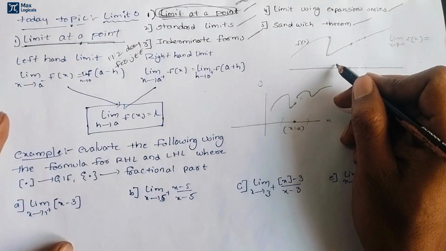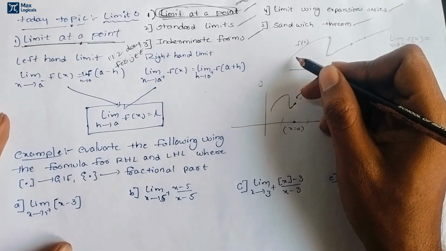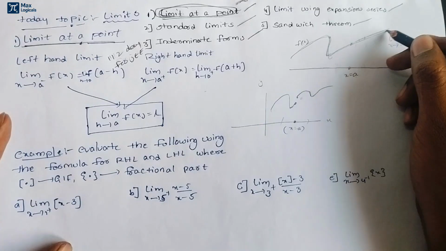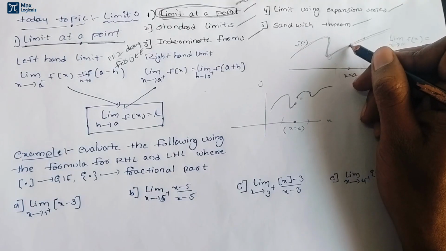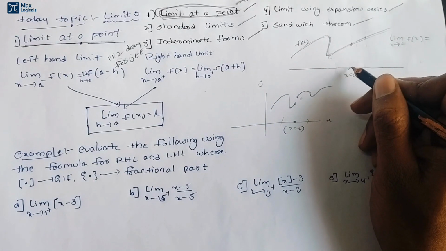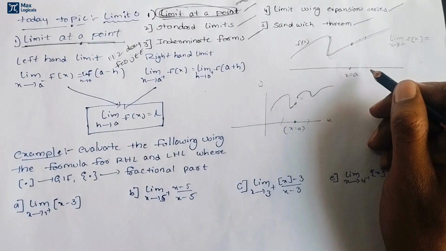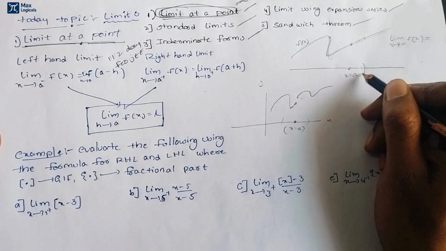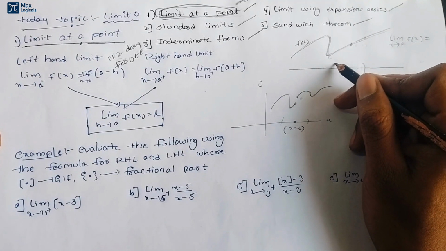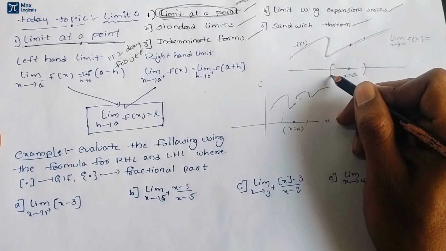Let us take x equal to a, and this is the function f of x. I fix the point a on the x-axis. This is the right side of the fixed point a, and this is the left side of the fixed point a.